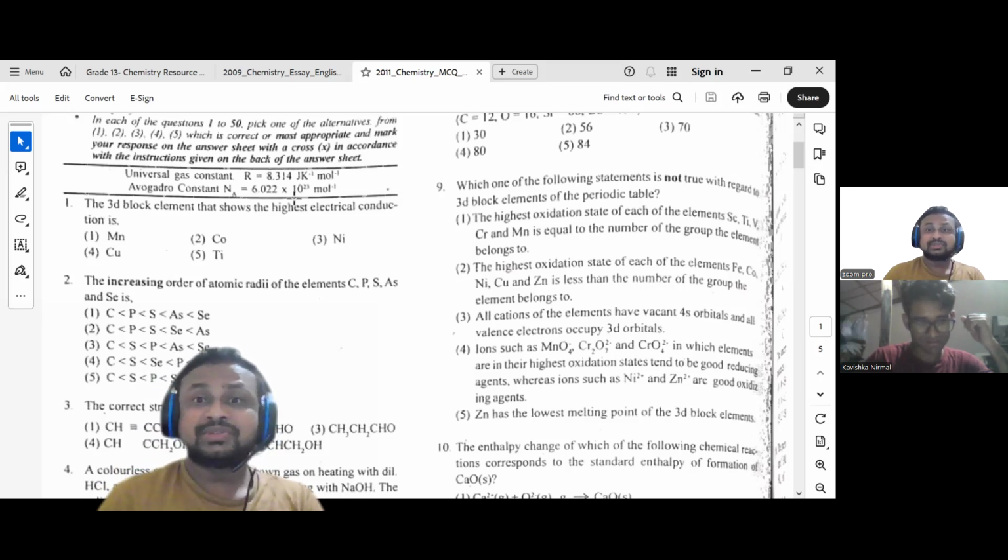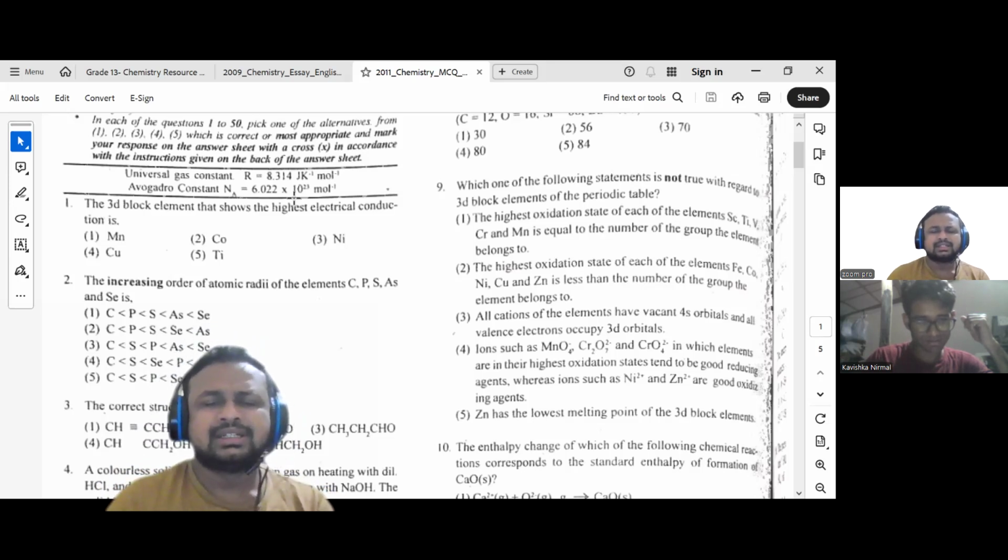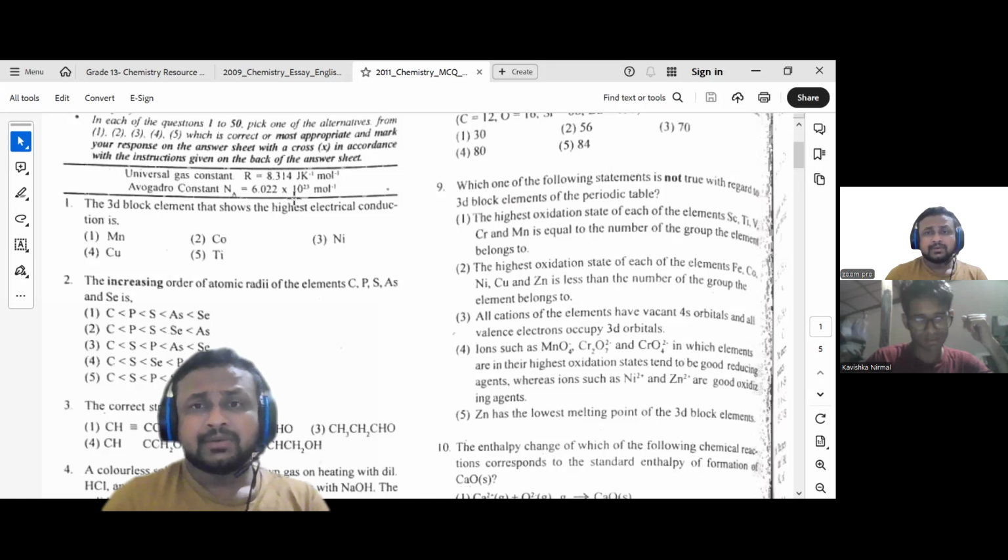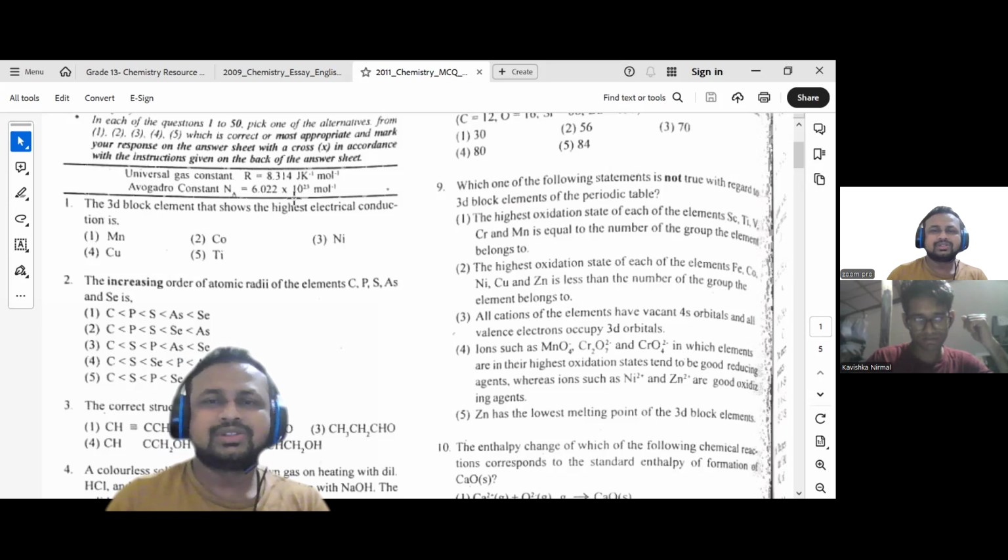Most students memorize that, comparing the 3D block elements, copper has the highest electrical conductivity. But you can use a practical approach also.